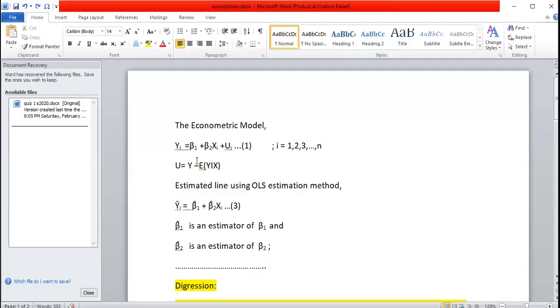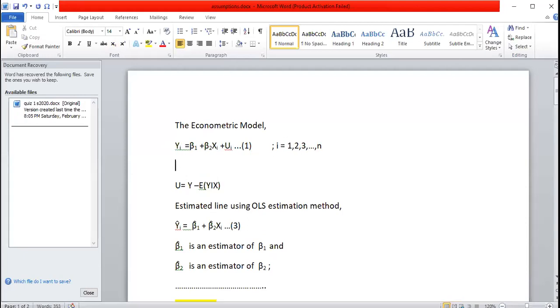So here, if you have this model, what is U? U is nothing but Y minus expected value of Y. If you remember this, or else it will be difficult for us to proceed.